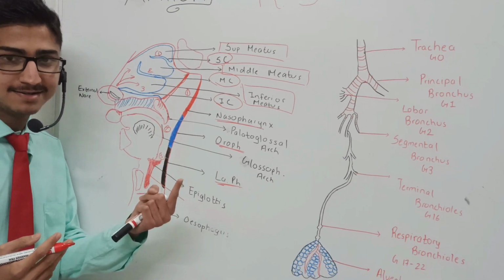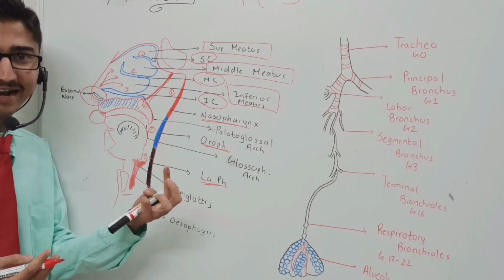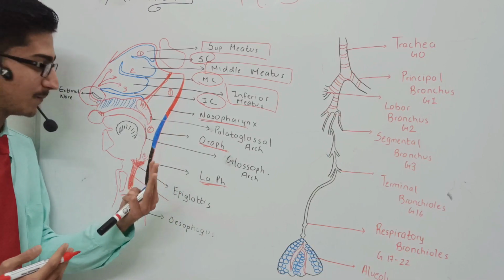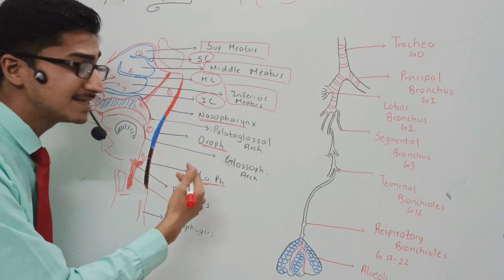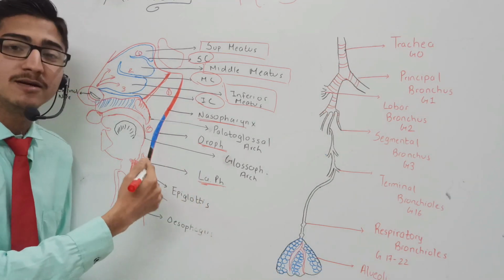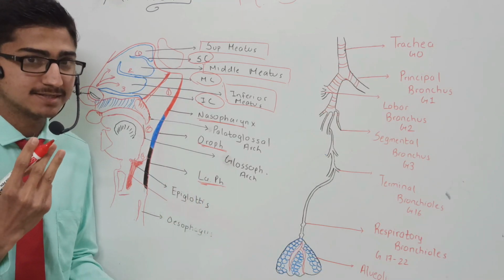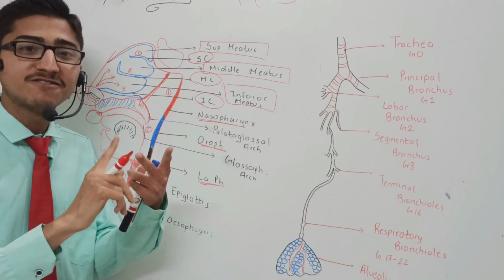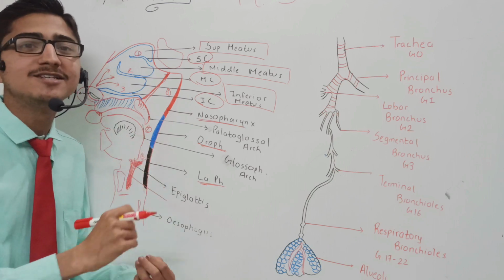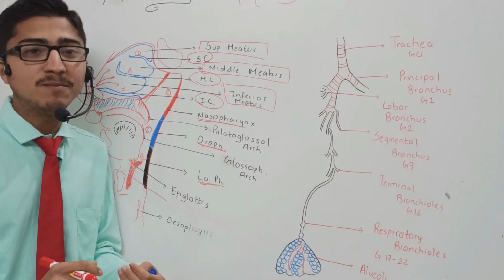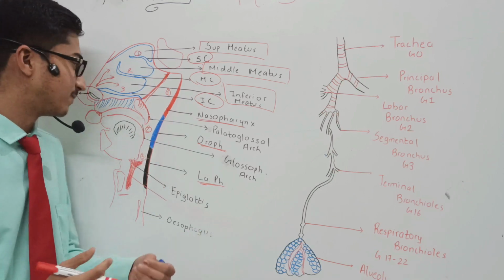First one is air, second one is food, and third one is fluid. Third portion is laryngopharynx. This laryngopharynx also comes in contact with three things, that is air, food, and fluid.